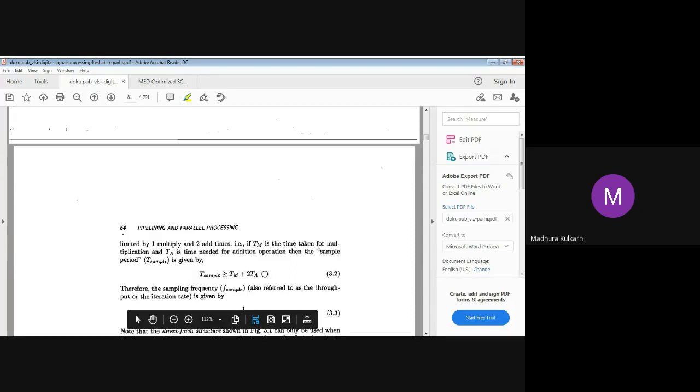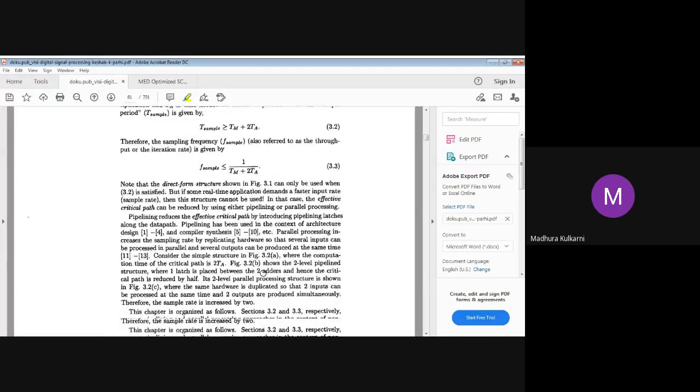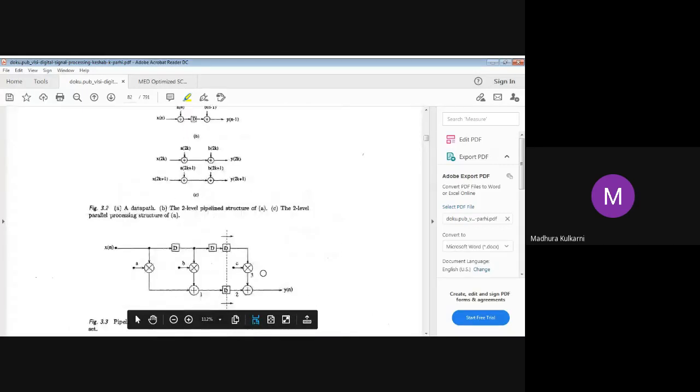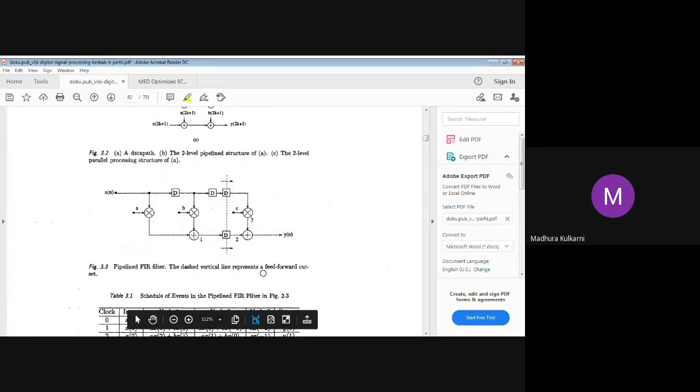Our ultimate aim is to reduce this critical path, and this critical path is reduced by introducing the pipelining architecture. Pipelining is added in the circuit by adding a cut set into the SFG. And always we have to remember, the cut set is added in such a way that it cuts the critical path. Our ultimate aim is to add a cut set in the critical path.